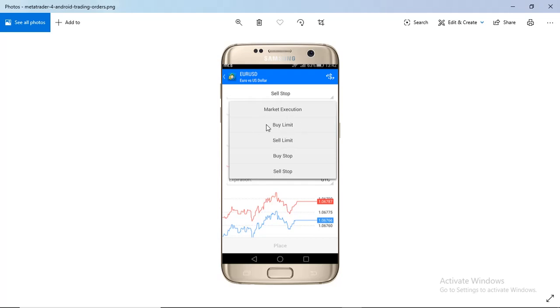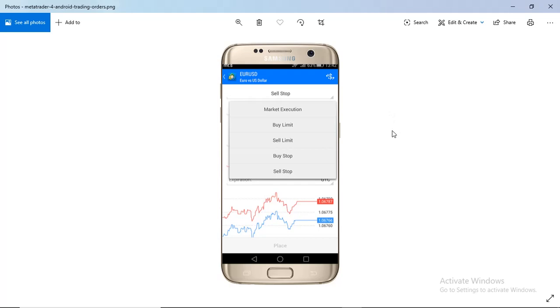For instance, the buy limit or sell limits, they are different. Likewise, buy stop and sell stop, they are different. In a buy limit, it means that market usually is selling. That means it's coming down.